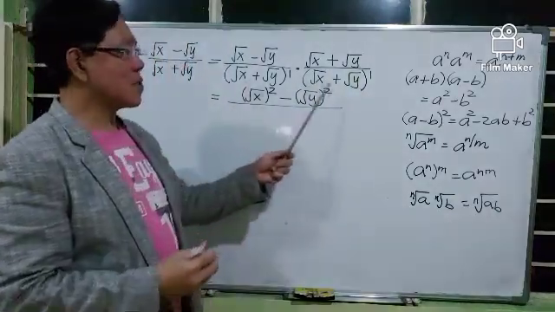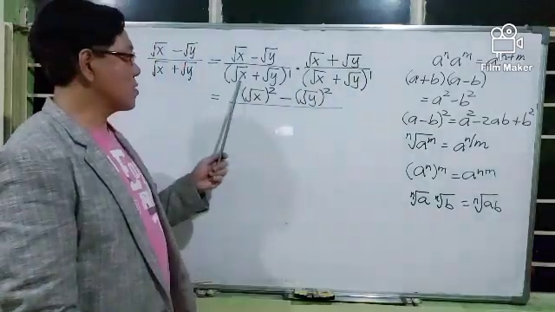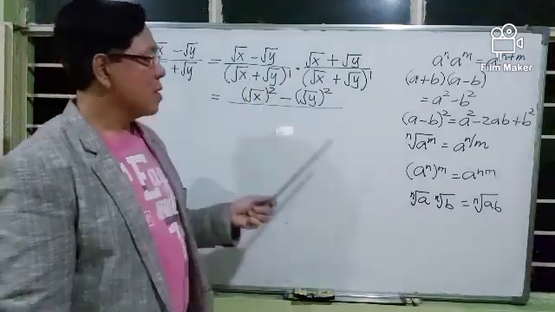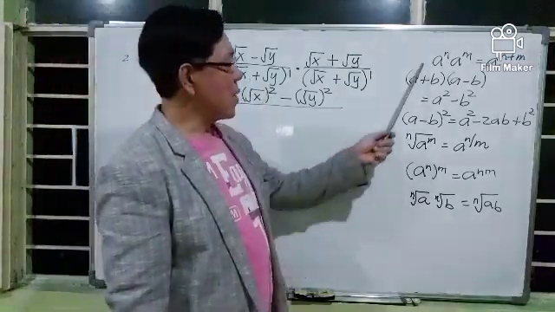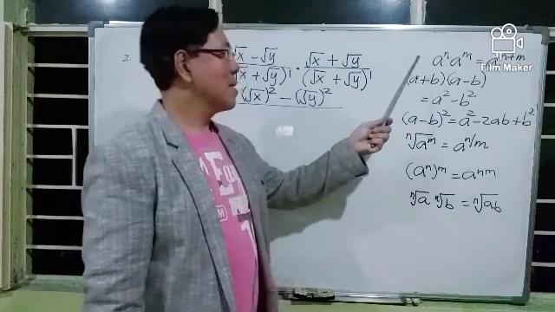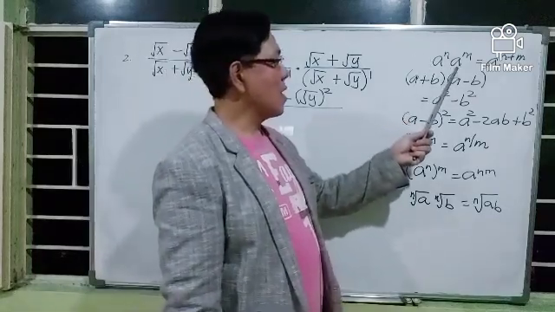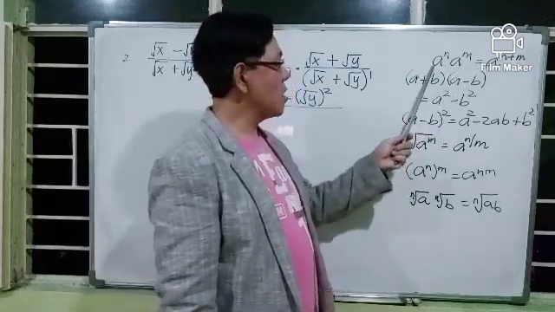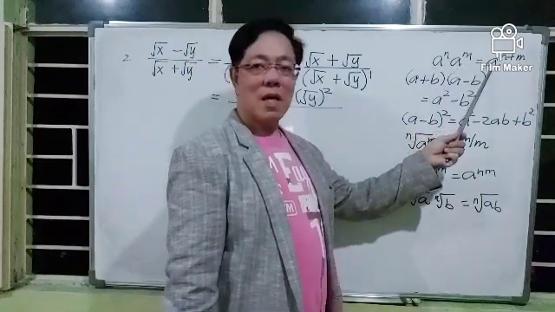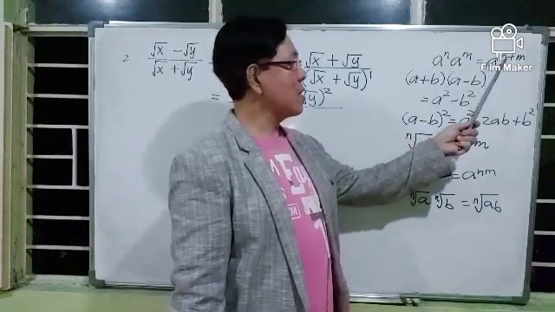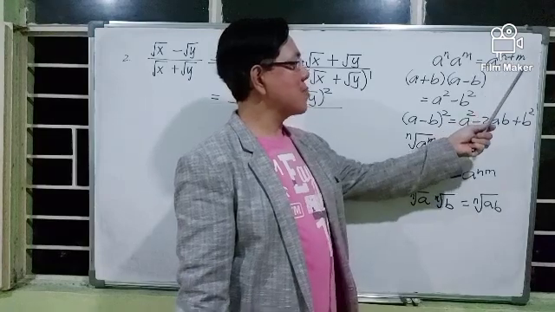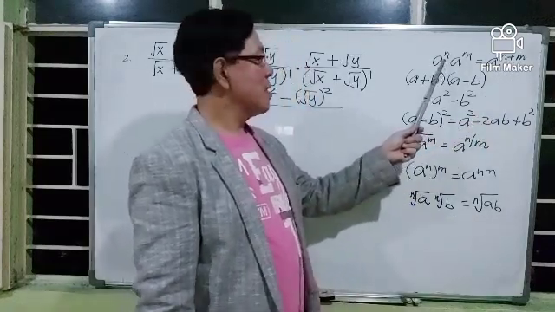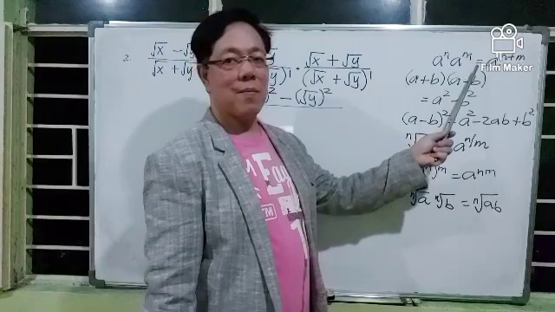Similarly for the second one, the exponent is 1. To multiply these two, the common base is square root of x plus square root of y. We apply this property of exponent, a raised to n multiplied by a raised to m. The common base is a, and the exponent of a in the product is the sum of the exponents, n plus m.